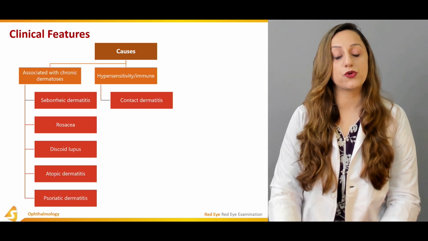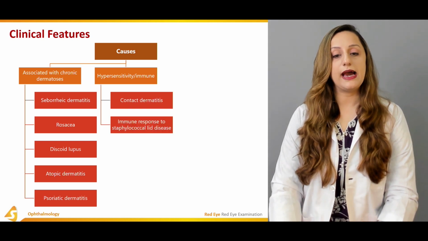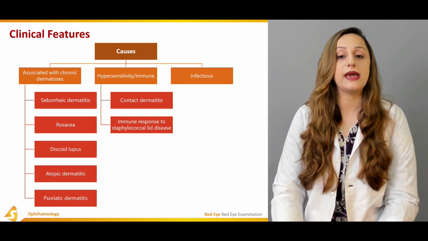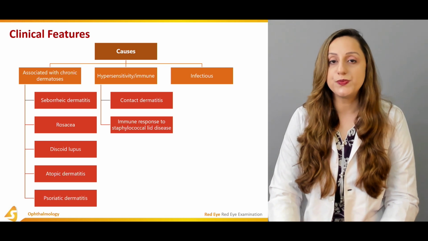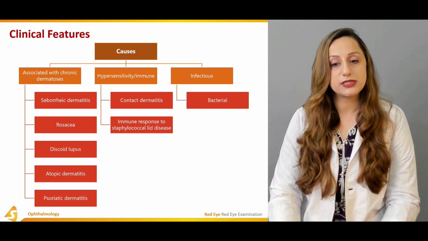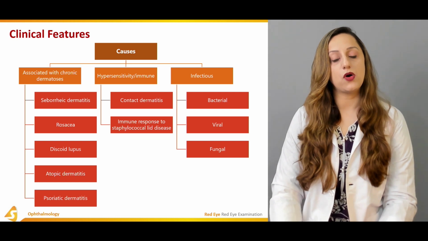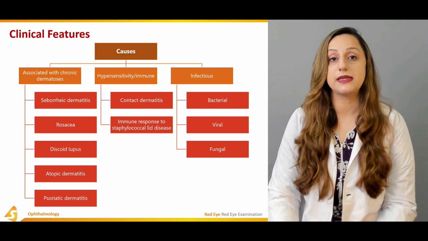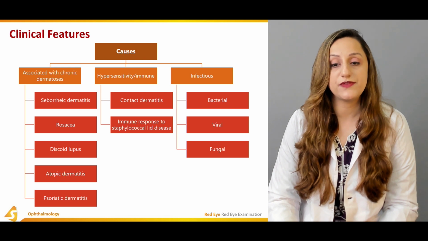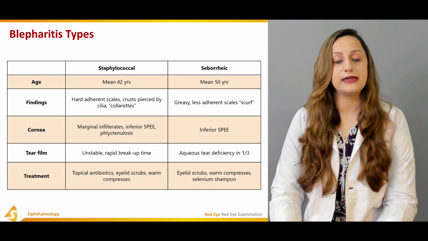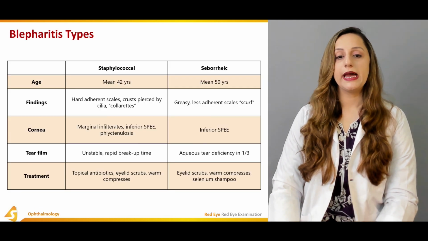We have contact dermatitis, we have immune responses to staphylococcal diseases, and on the other hand, we have the infectious group, which would basically include bacterial, viral, and fungal infections. So these are the causative factors which can end up in blepharitis or lid margin infections in a patient. We even have the parasitic variety for the infectious states over here.